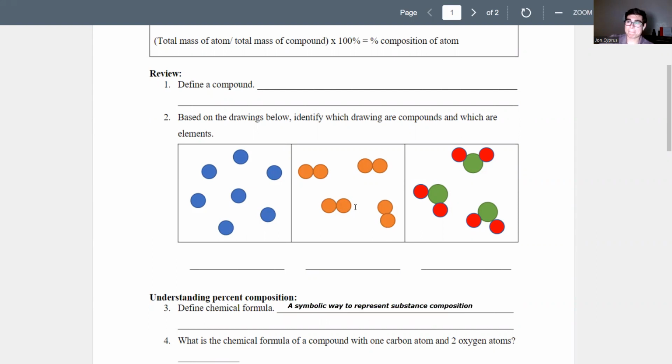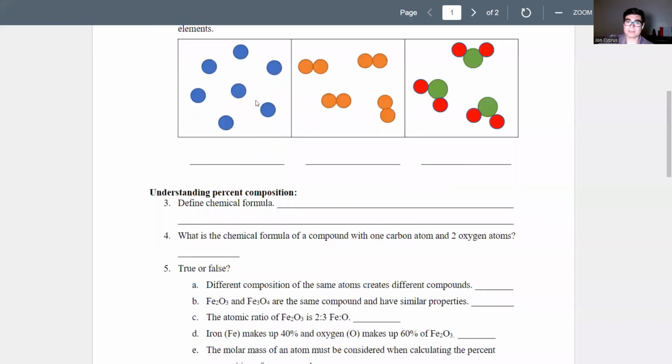Just like that. So the chemical formula of a compound with one carbon and two oxygen atoms is CO2.